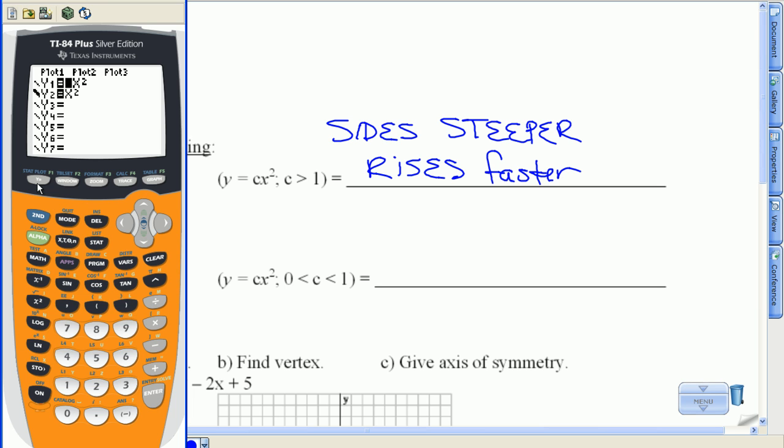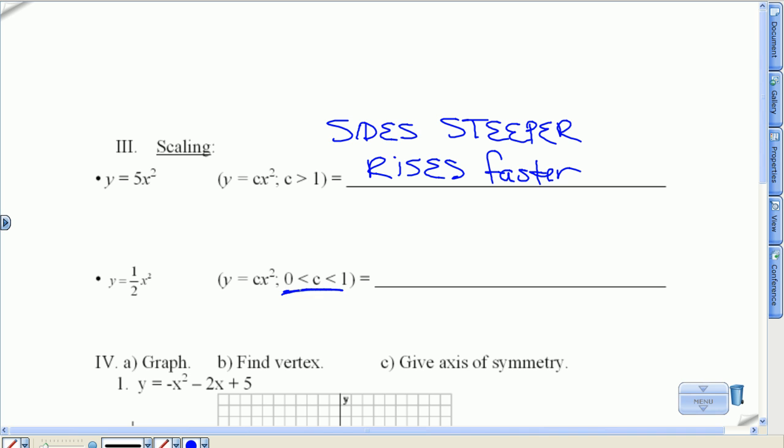But if I do, and remember in parentheses, 1 divided by 2, and then my x squared. We graph that. And remember the dark one is y equals x squared. So you'll notice that 1/2, because it's less than 1, because it's between 0 and 1, it's going to be a little bit flatter. So the sides are flatter. It rises slower.